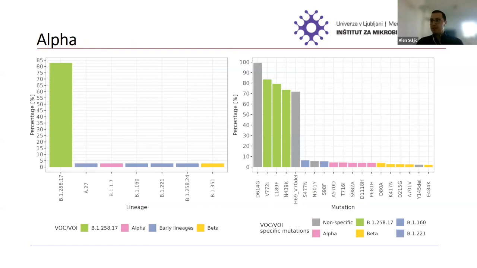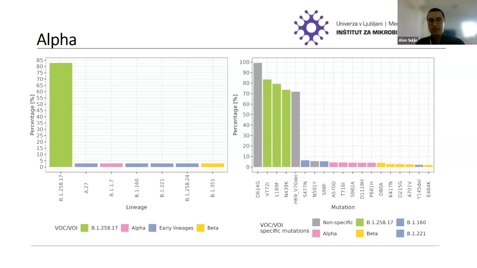Further investigation of the reliability of the SpikeScreen strategy led us to examine the relationships between the pools with known lineage composition and the monitored frequencies of characteristic mutations in the spike gene in these pools. The left panel shows a pool of samples with known lineages, established using complete genome sequencing.